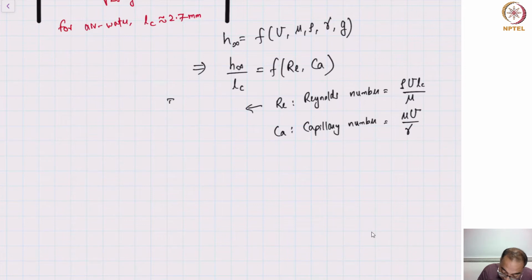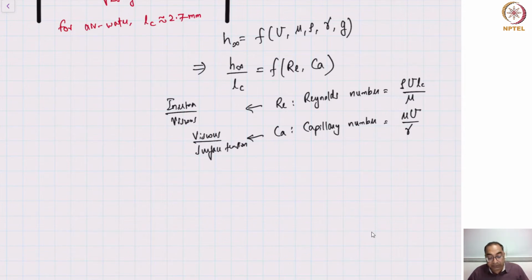Okay. So this Reynolds number is inertia to viscous forces, and capillary number is viscous to surface tension. Note that if you think in terms of forces, there are three forces at play: inertia, viscous, and surface tension. And there's another force which is gravity, and gravity appears on the left hand side, and then Reynolds, inertia, viscous force, and surface tension will appear on the right hand side. This is the way you can think about it.